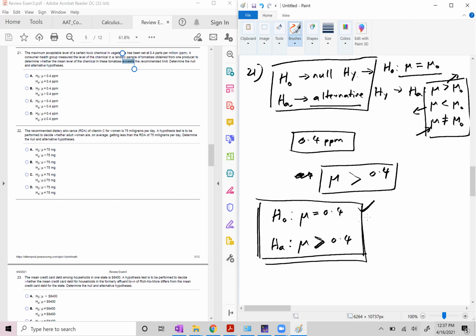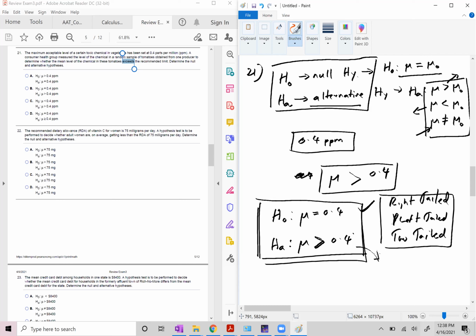So there are three types of tests: right tail test, left tailed, and two tailed. Now, out of these three, this hypothesis test goes to the category of right tail test.